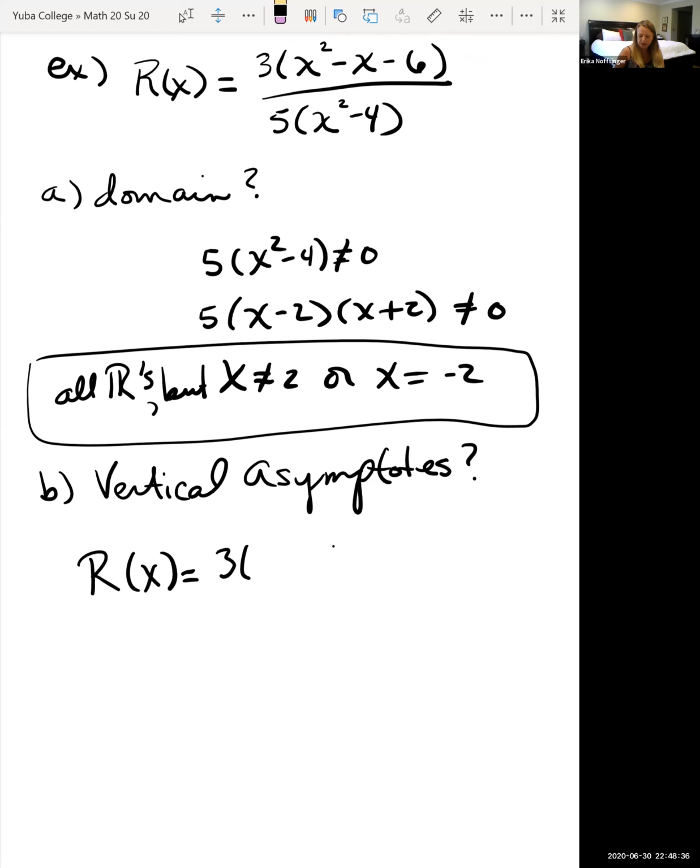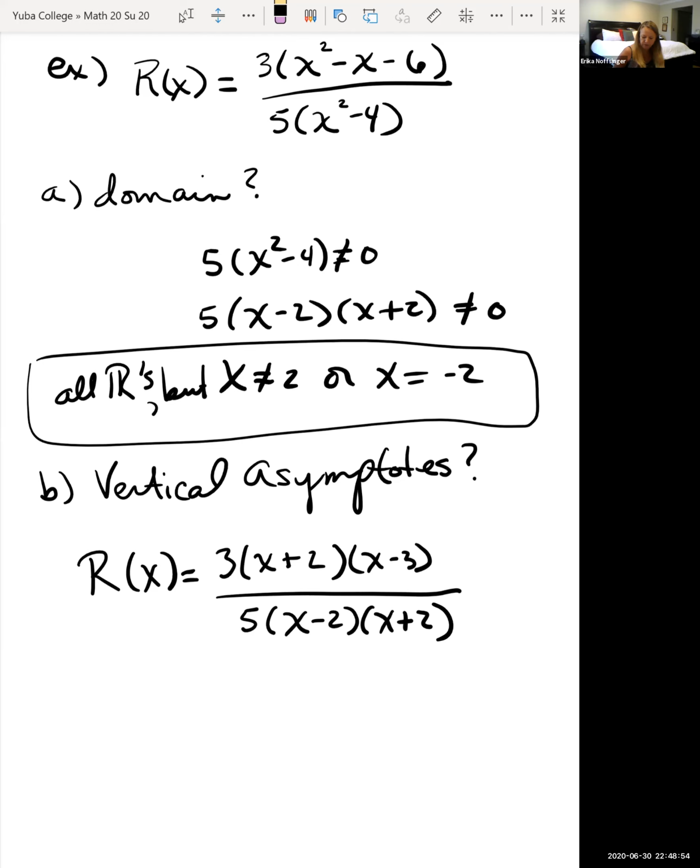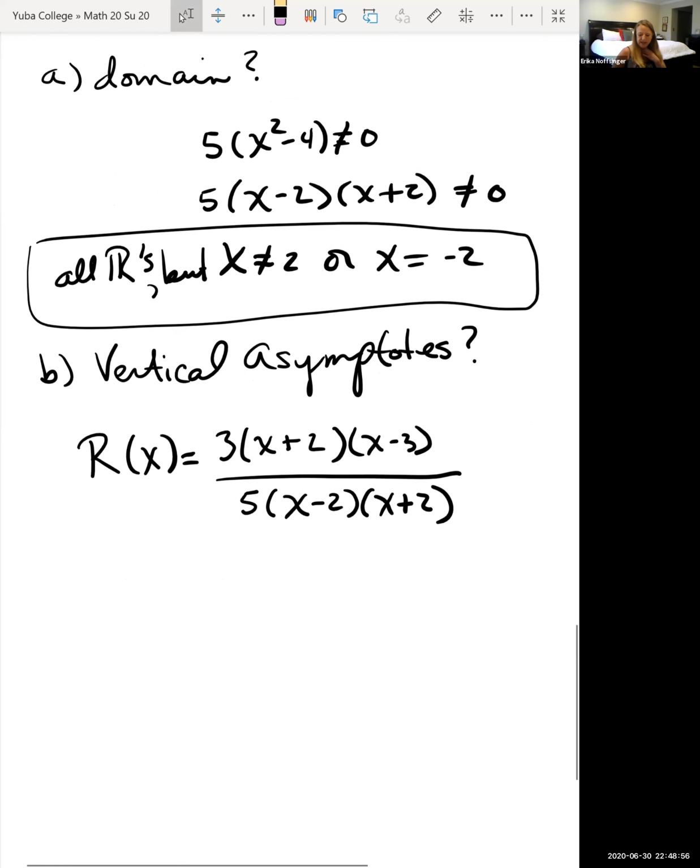So if we factor the numerator, two numbers that multiply to negative 6 and add to negative 1, so negative 3 and positive 2. So x plus 2, x minus 3, the 3 out front, all over 5 times x minus 2 times x plus 2. So notice that x equals negative 2 sets both the numerator and denominator equal to 0.